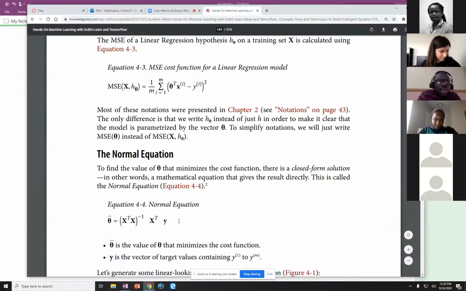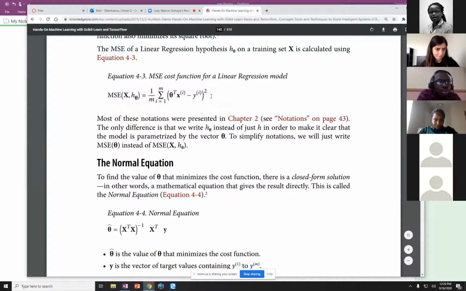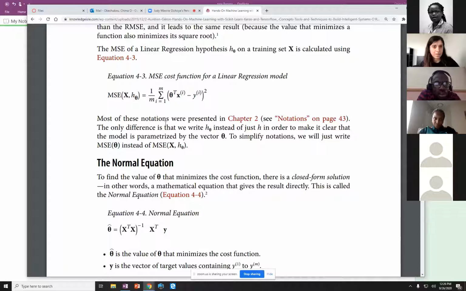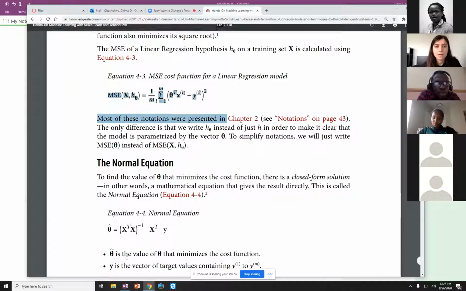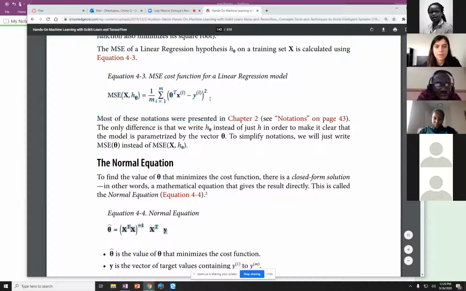This one? Yes. So normally what I understand is it's the y predicted minus the y. No, the equation for the MSE cost function. Are you talking about this one or this one? The MSE x h naught, this one? Yes, that's it.